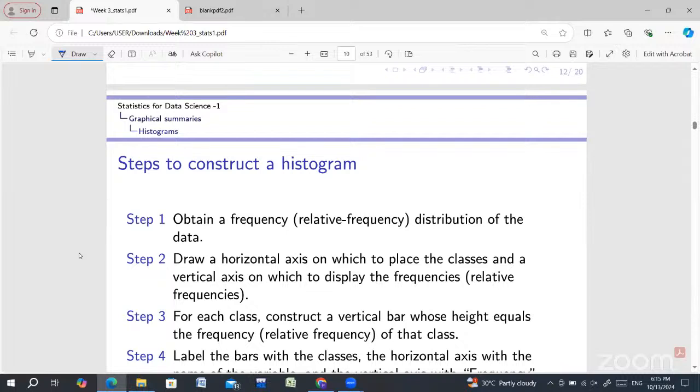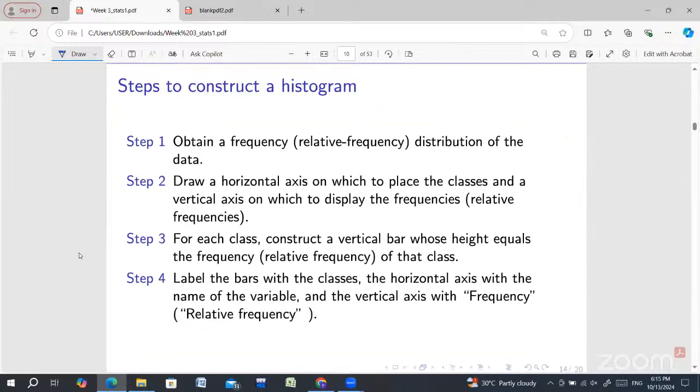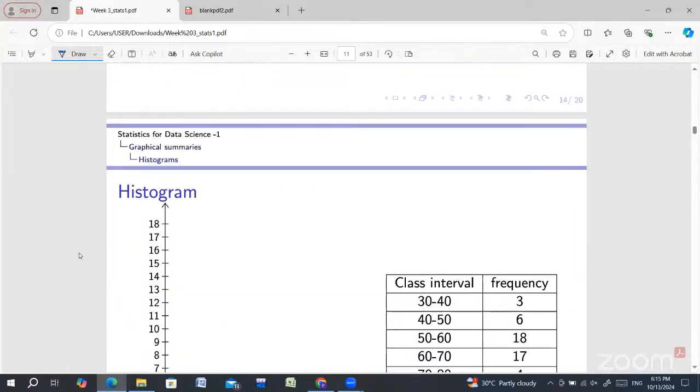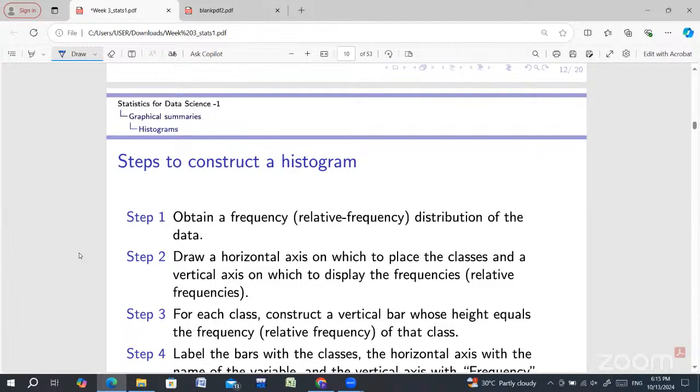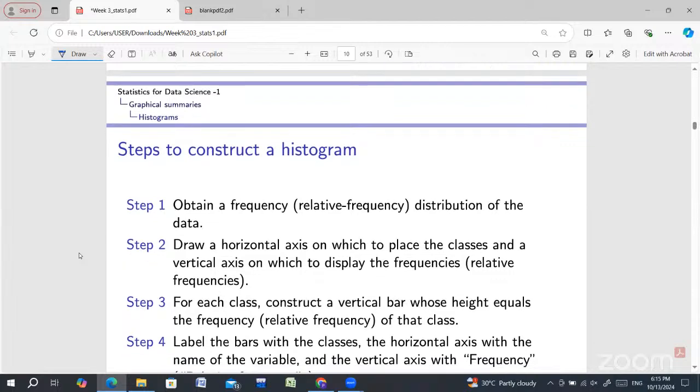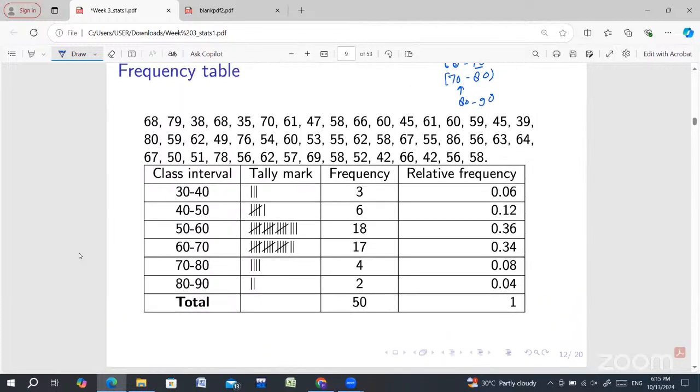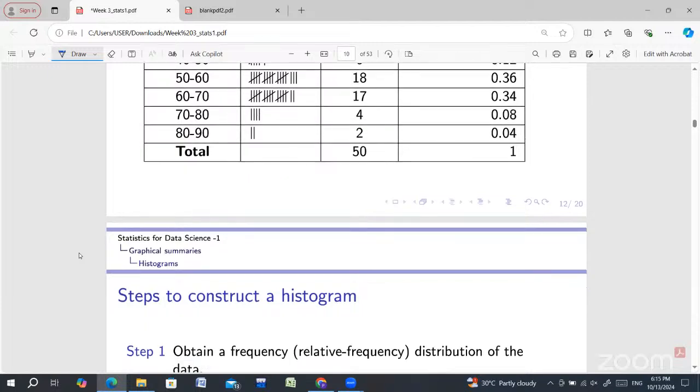Now the next thing is how we make the histogram for this data. So the first step is to obtain a frequency or relative frequency distribution of the data. We have seen how we make the frequency distribution for the data. So first of all, we make this frequency distribution.